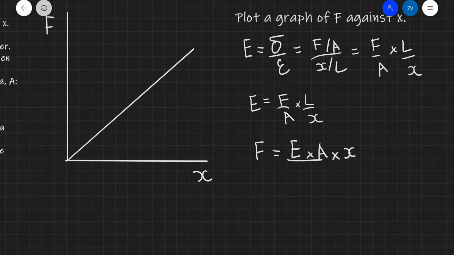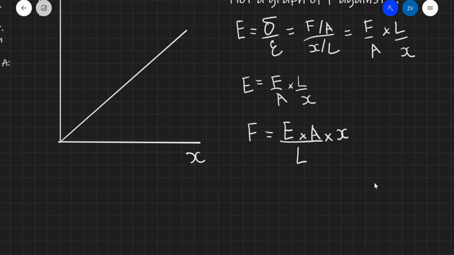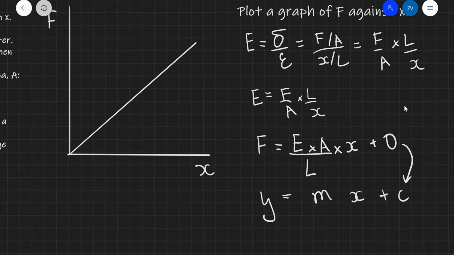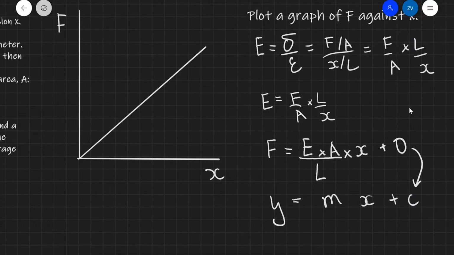So let's just divide by the length, and we can compare this with the equation of a straight line. Remember, y is equal to mx plus c. I'm just going to add a plus 0 because I can, and we can see that the graph should be a straight line through the origin. Additionally, we can see that F is on the y-axis and x is on, surprise, surprise, the x-axis.